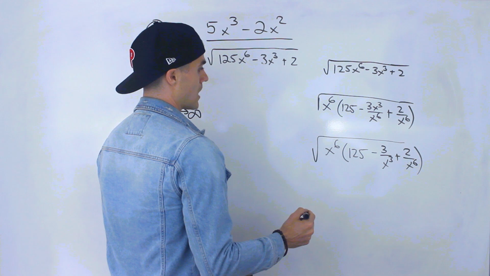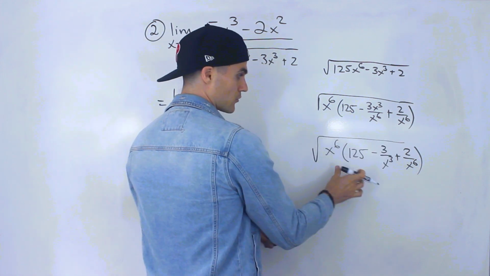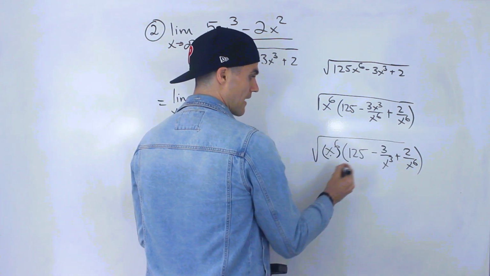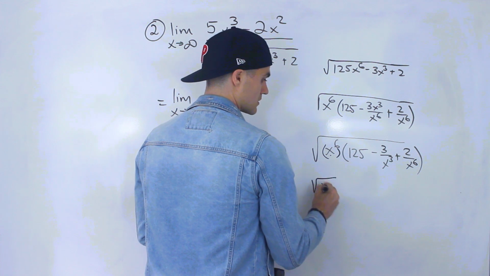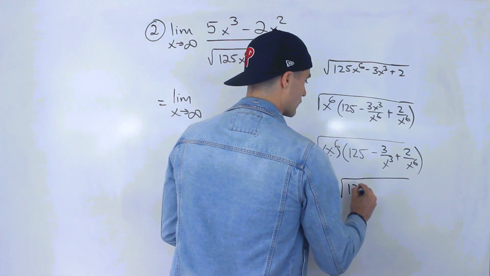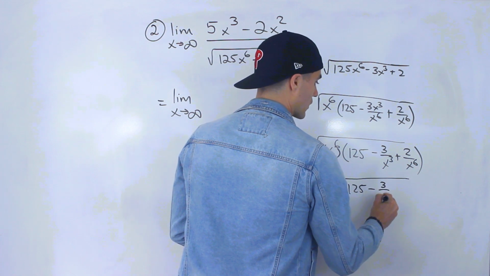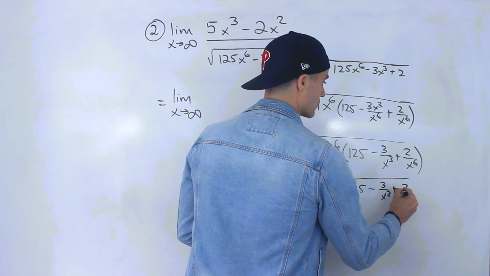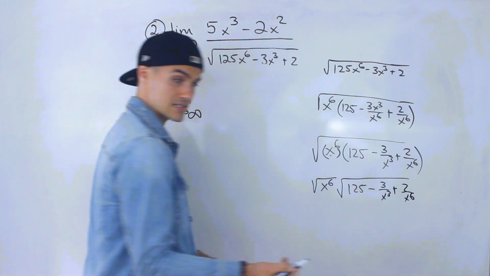And then what can we do here? Remember, we're multiplying this by that, so we can split this up to be the square root of x to the 6 times the square root of 125 minus 3 over x to the 3 plus 2 over x to the 6, like that.